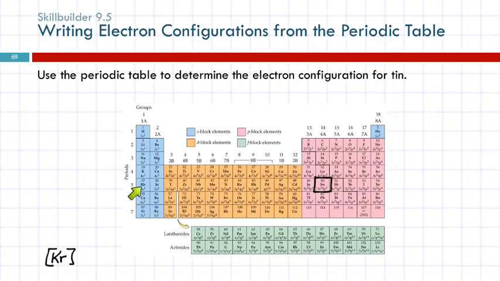And then after krypton, we've got 5s2, 4d10, 5p2. So this is filling up 5s2, and this is 4d10, and 5p2. The 5p and the 5s would be the valence electrons. So it's got 4 valence electrons.